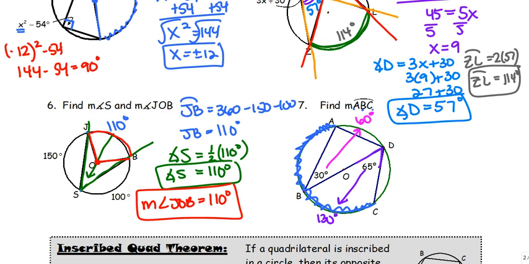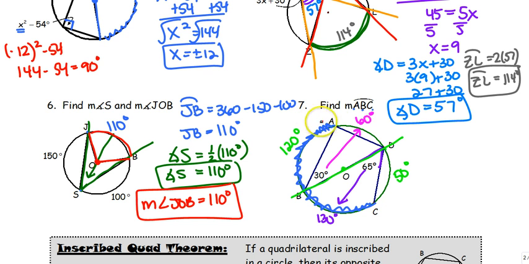The next thing that you had to realize is that you had the center of the circle there at O, which means this is a semicircle, which means that this half is 180 and this half is 180. So from B to C to D, if this is 180 and this is 130, we have 50 degrees left. From D to A to B, this is also 180. So if this is 60, then this has to be 120.